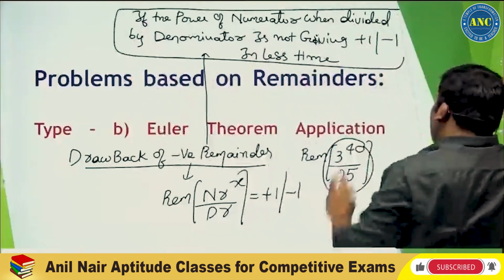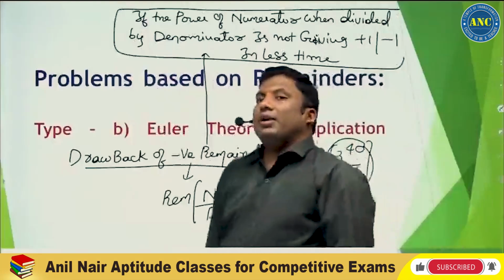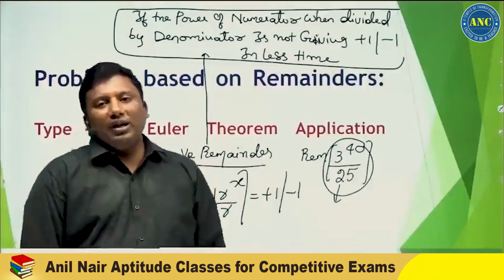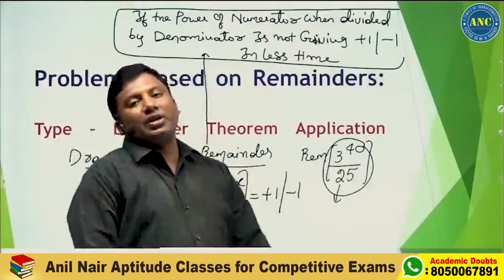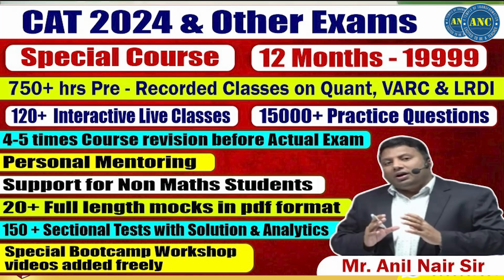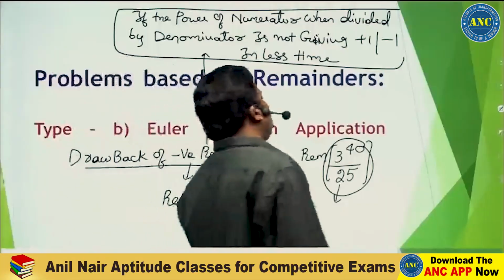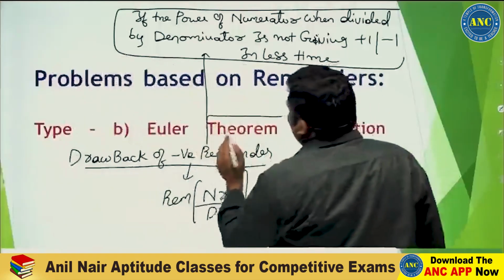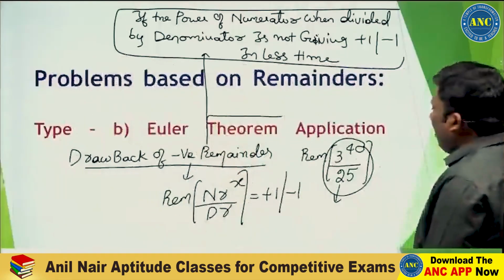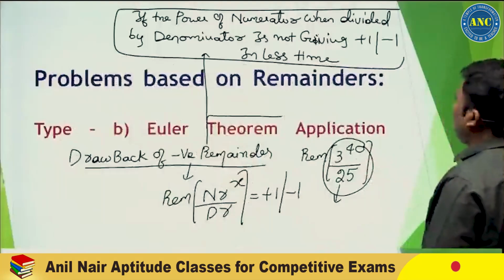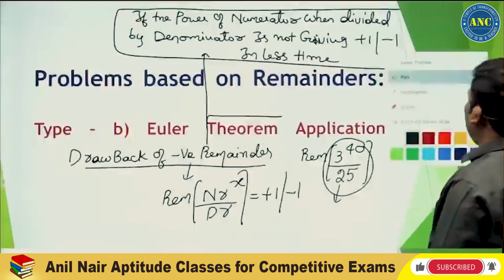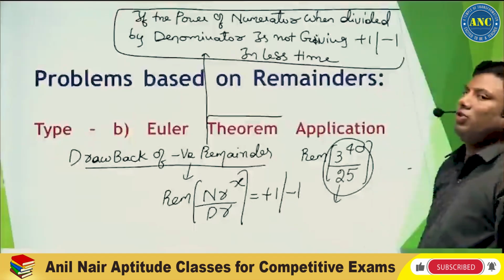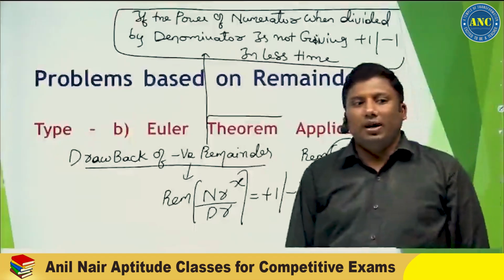See this question, 3 power 40 divided by 25. You are unable to determine which power of 3 when divided by 25 gives +1 or -1. So Euler has proposed a very interesting theorem to find out which power of the numerator. Now first we will discuss the theorem. I hope you understood the drawback of the negative remainder concept.